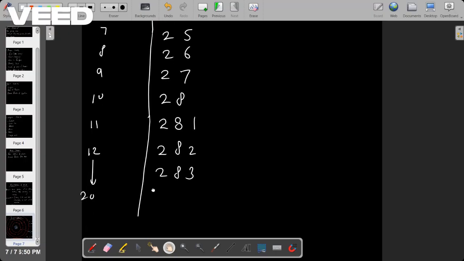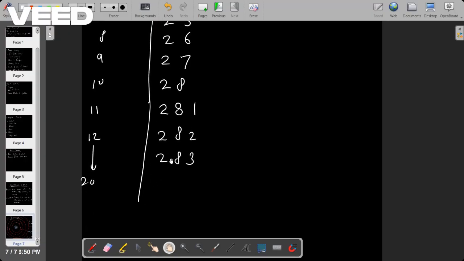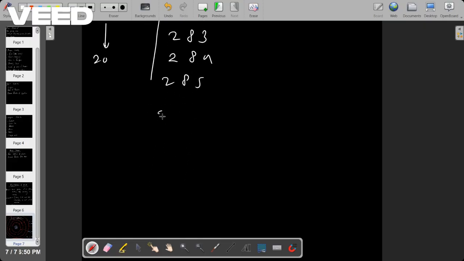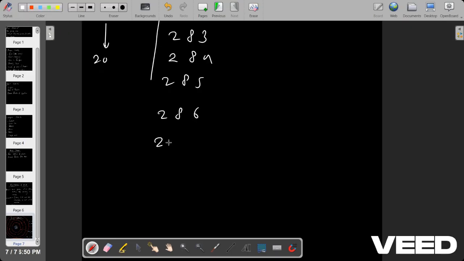So you must know how to write the number of electrons in each shell for the first 20 elements. This thing you should know, right? This is called electronic configuration. Later we will discuss it, but you should know this. 2, 8, 4, 2, 8, 5, 2, 8, 6, 2, 8, 7, 2, 8, 8.